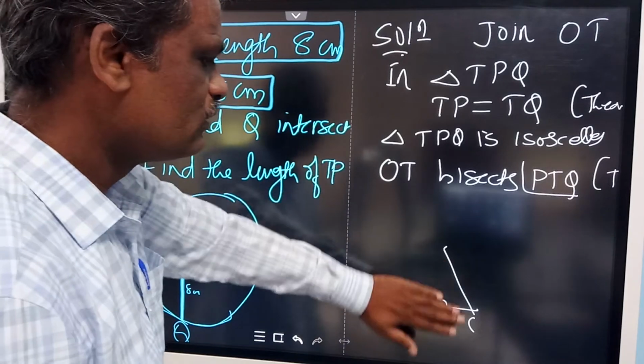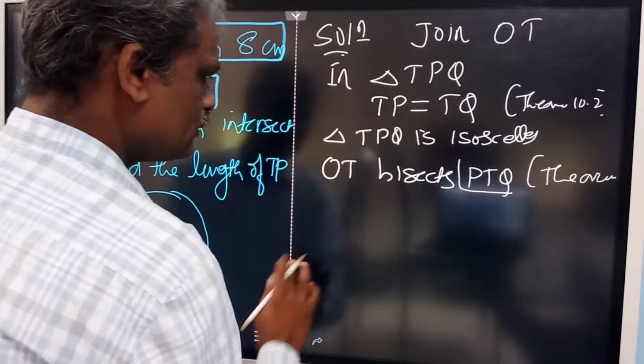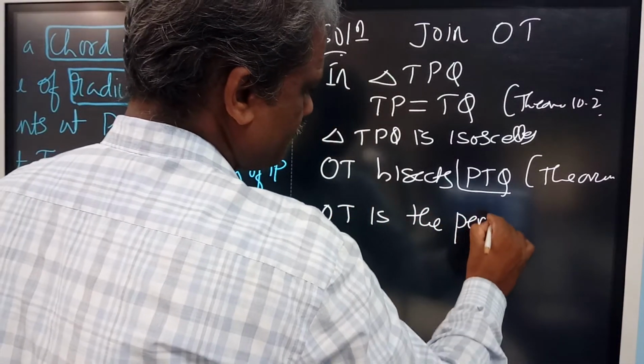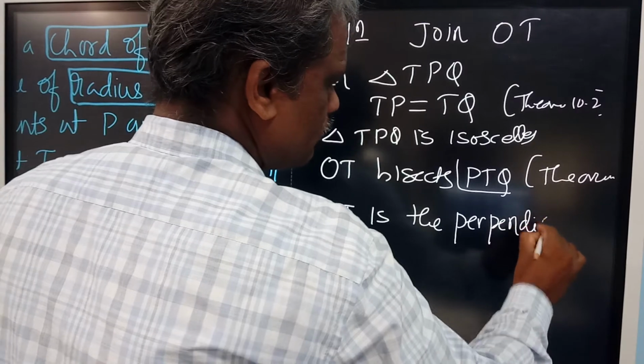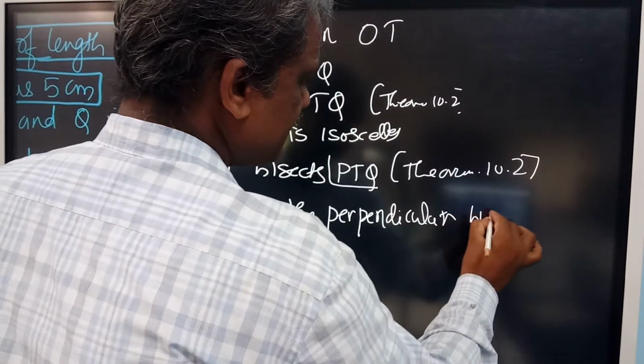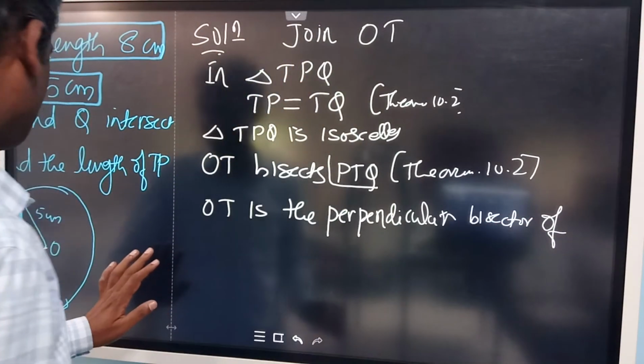So therefore, you can write the same thing here. OT is the perpendicular bisector of chord PQ.